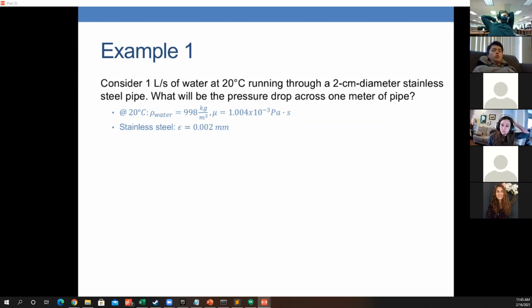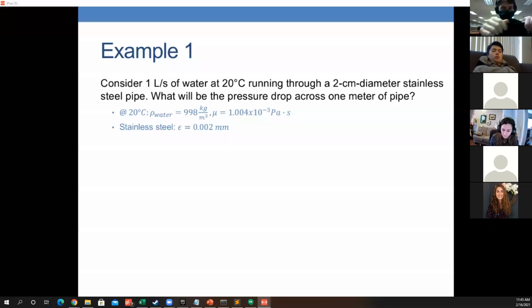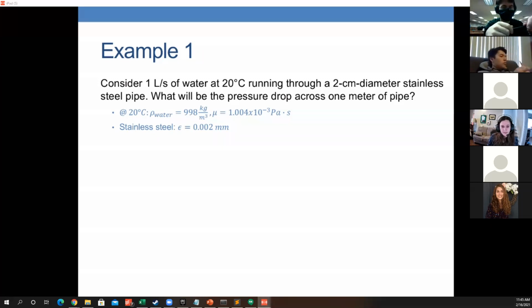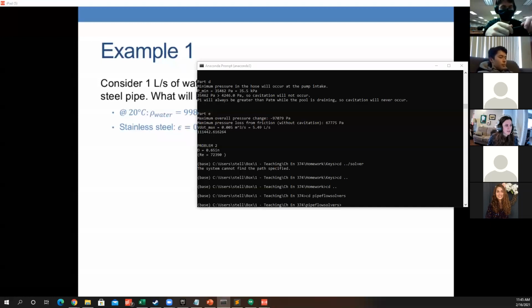What will be the pressure drop across 1 meter of pipe? This is the first kind of problem. It is relatively simple to solve. We would find the Reynolds number, then the friction factor, and then the pressure drop. And I have done that here.